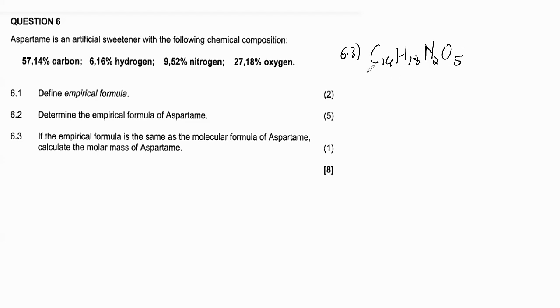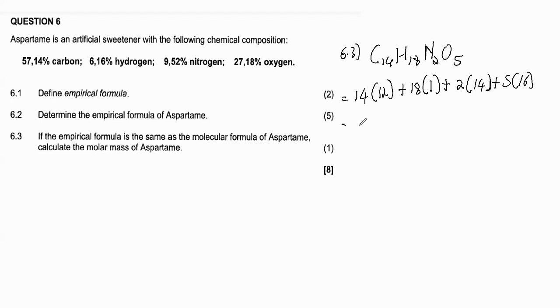So now in order to calculate the molar mass, we know that all we have to do is say 14, multiply that by 12 because carbon is 12 grams per mole. Then here we have 18 atoms of hydrogen, but hydrogen is only 1 gram per mole. And then we have 2 nitrogen atoms, and that's 14. Then lastly, we have 5 oxygen atoms, which each is 16 grams per mole.